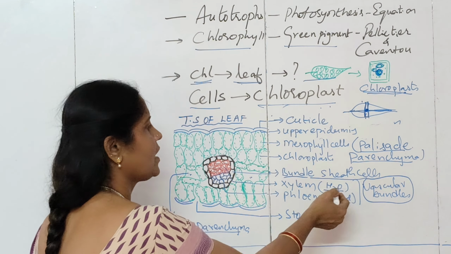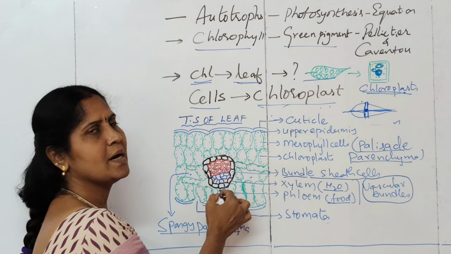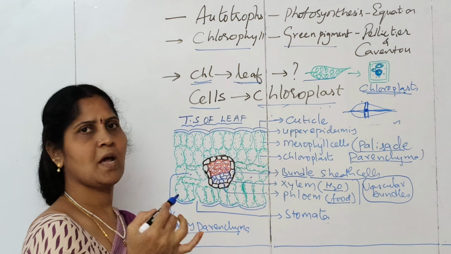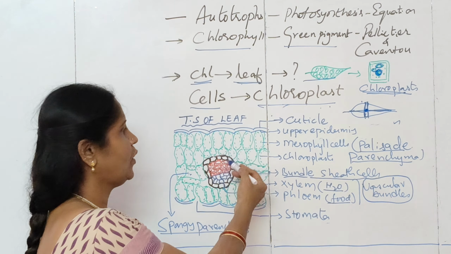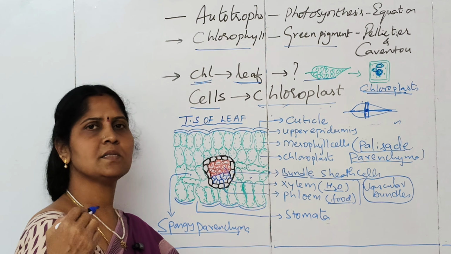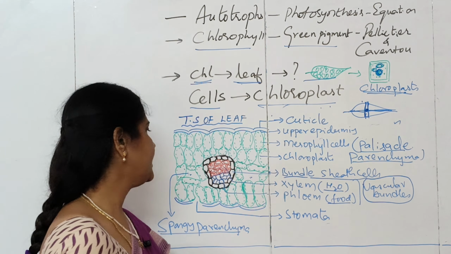Surrounding xylem and phloem are the bundle sheath cells, which offer protection and also act as a channel for transporting materials in and out. Through the bundle sheath cells, materials get transported from vascular bundles to mesophyll cells.